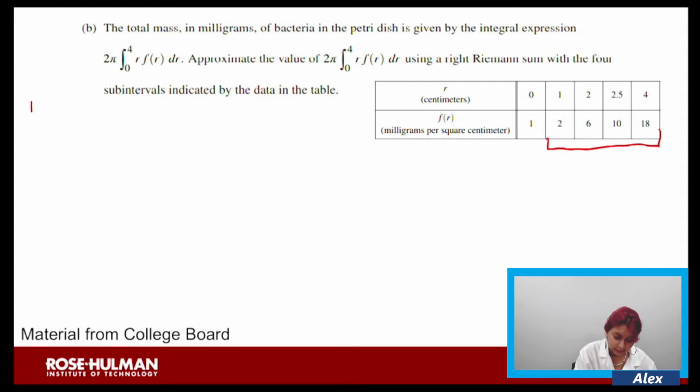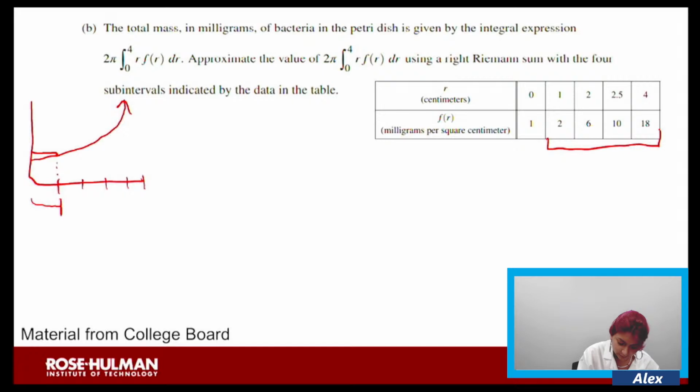So really quickly, if we had a graph like this, and we had x values here, then a right-Riemann sum would take the values at the rightmost. So if we wanted to get the Riemann sum at this interval, then we would get the point on the right.